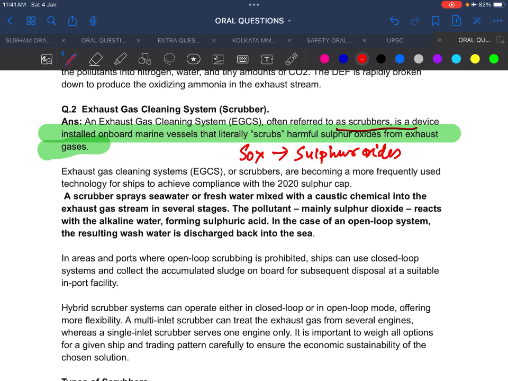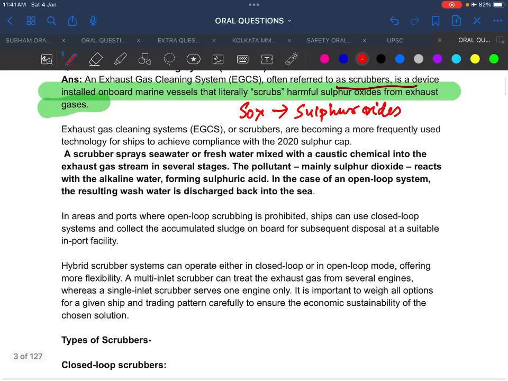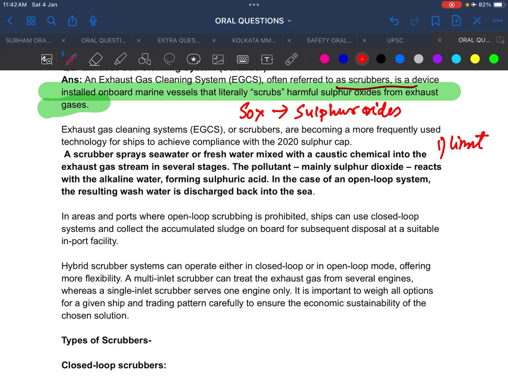And how can we reduce this SOx effect? There are various ways we can reduce the SOx effect. I will deal with Annex 6 of MARPOL, that is for the safety part, so I will just give a little overview of how we can reduce sulfur dioxide. The first main purpose is to limit sulfur content, because we basically use gas oil and diesel oil, so the sulfur content is very low.